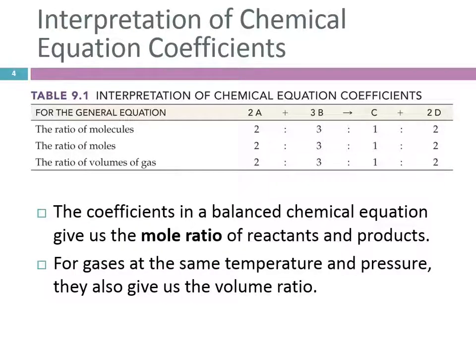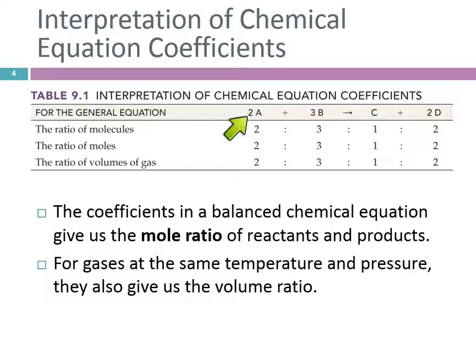So we can interpret chemical equations. All of them can be interpreted in terms of ratio of molecules and ratio of moles. We can use ratio of volumes for gases only. Here's a generic equation. 2A plus 3B forms C plus 2D.